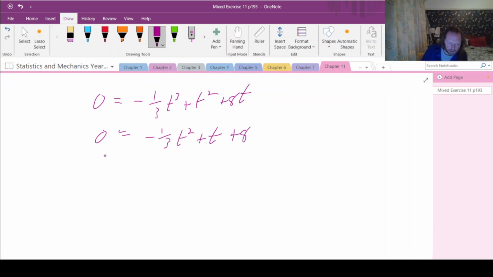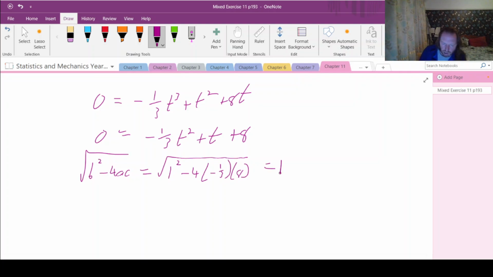And again, let's solve the equation. So b squared minus 4ac, let's put in the square root for the discriminant. So we've got 1 squared minus 4 times minus a third times 8. 4 times 8 divided by 3, 32 over 3.